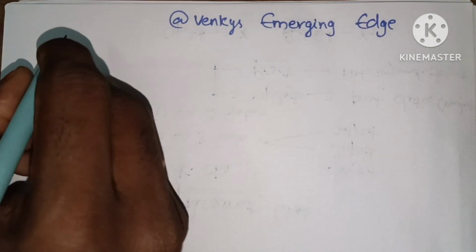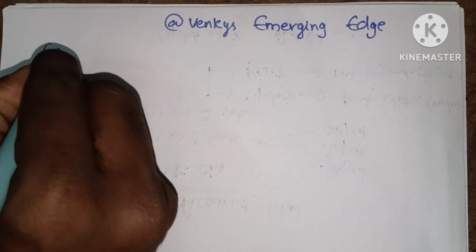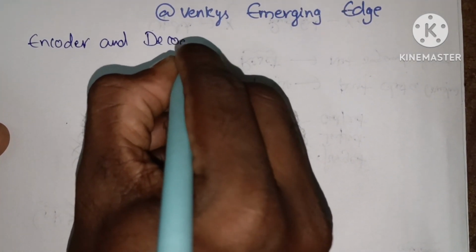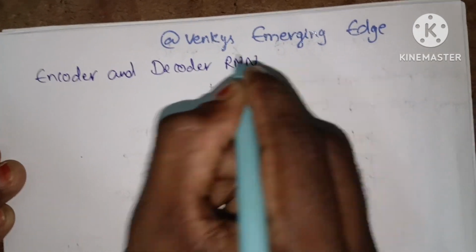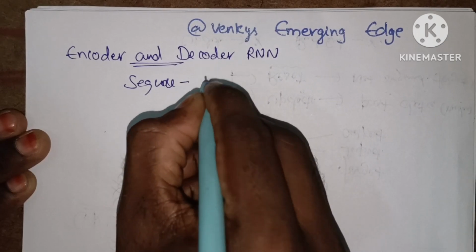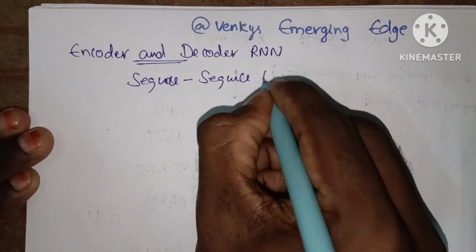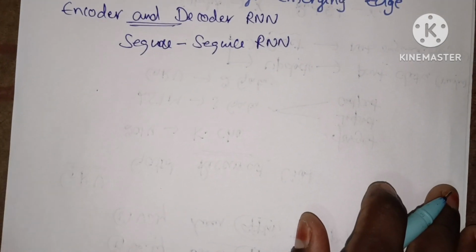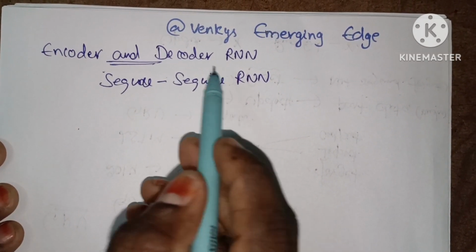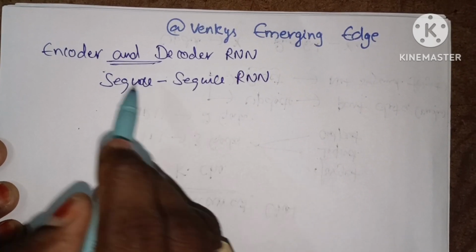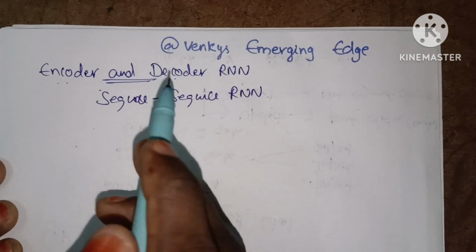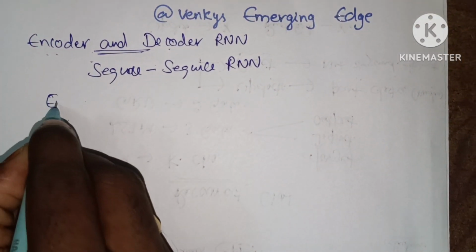Next, the next variant is called encoder and decoder RNN. It is also called sequence to sequence RNN. What will happen here? In a bidirectional RNN there is a forward direction and a backward direction, but here we are using two different components: one is encoding and another one is decoding.